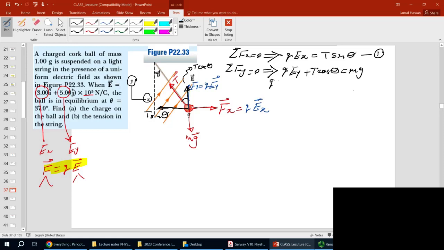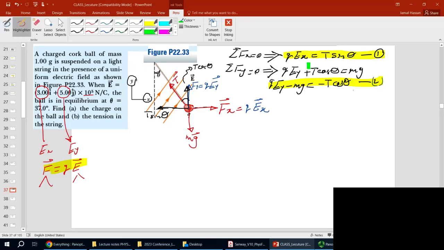So this is equal to QEy, I'm going to move mg to the left side, and I'm going to move T cosine theta to the right side. Now I'm going to call this one equation 2. So we have equation 1 and equation 2. The physics is finished here; it's just mathematical steps.